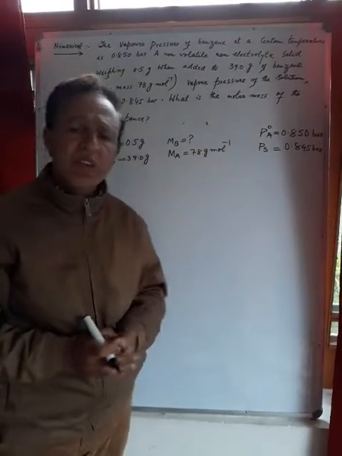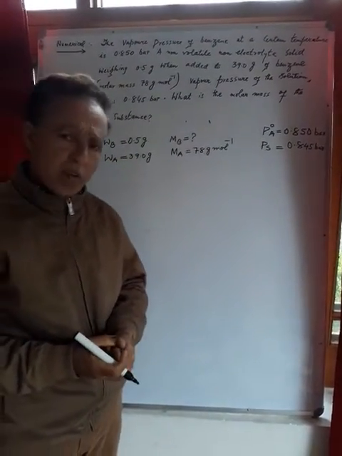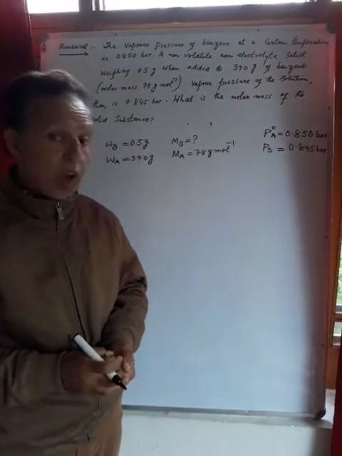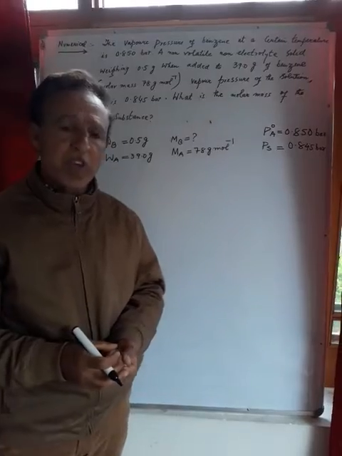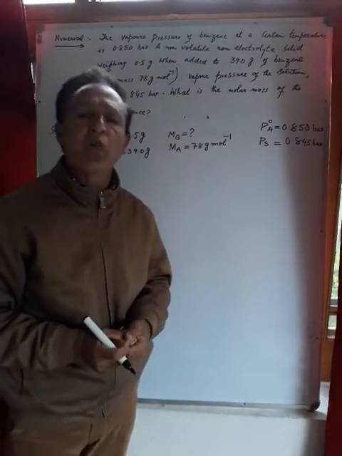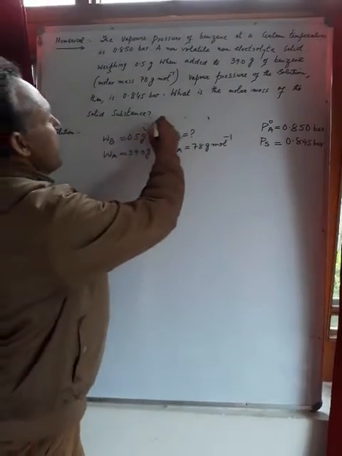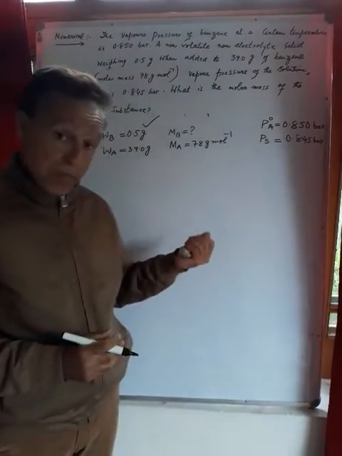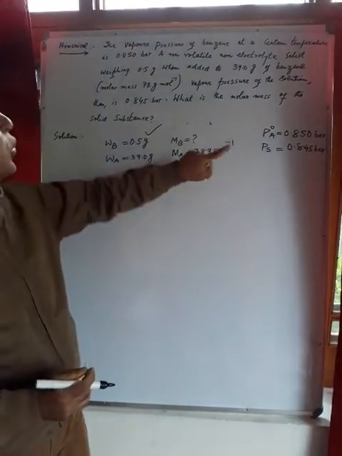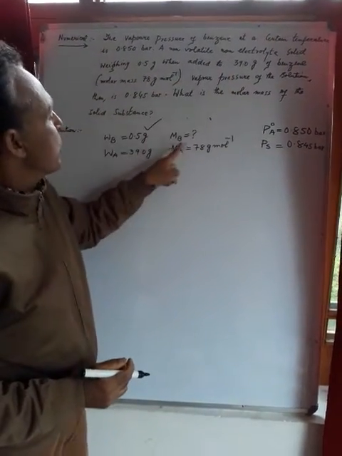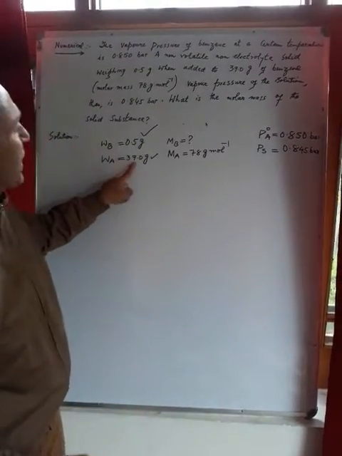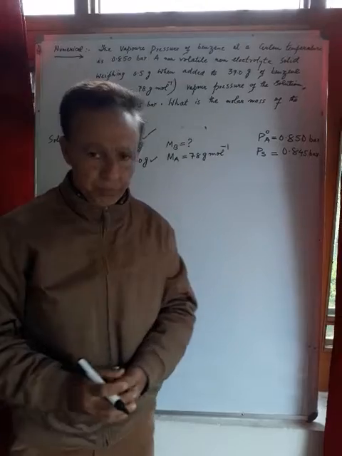Now I will explain this. We have benzene, which is the solvent, and in the benzene we are dissolving the non-volatile solute, 0.5 grams. The mass of the solvent is 39 grams, that means WA, the mass of the benzene, is 39 grams.